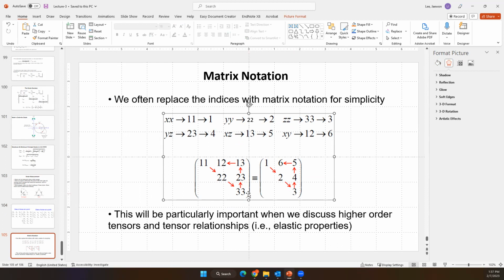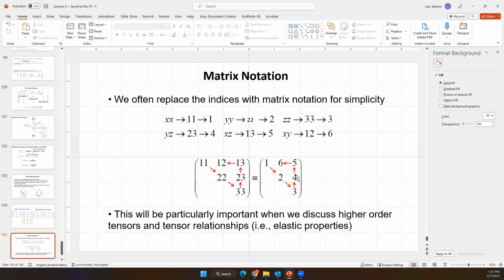And then the important thing is we go this way: 1, 2, 3, then this way. So YZ is 4, XZ is 5, XY is 6. This way: 1, 2, 3, 4, 5, 6.